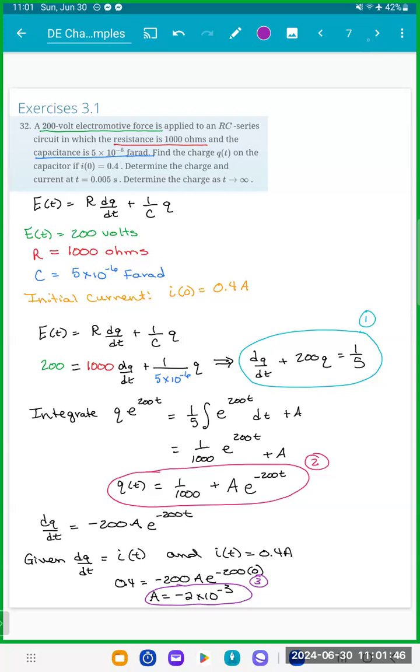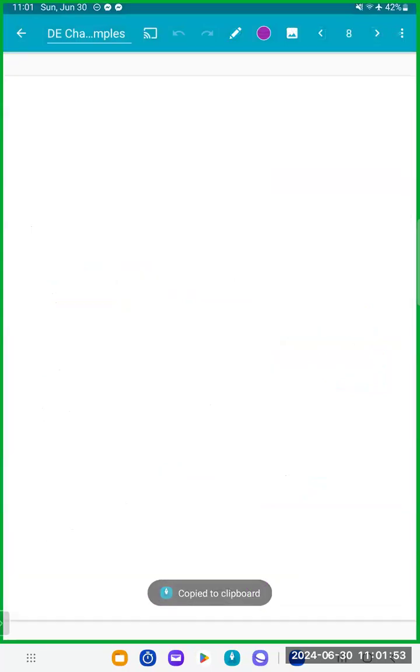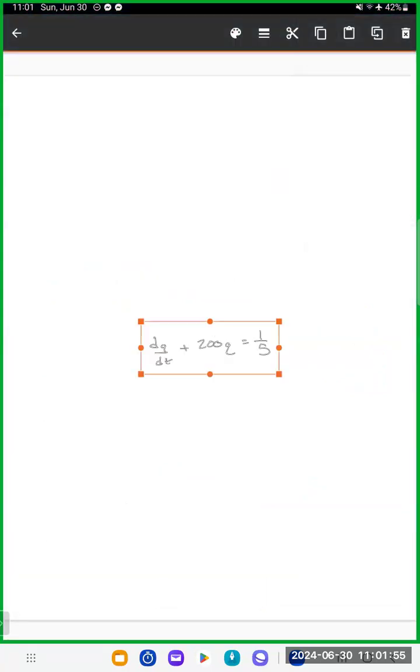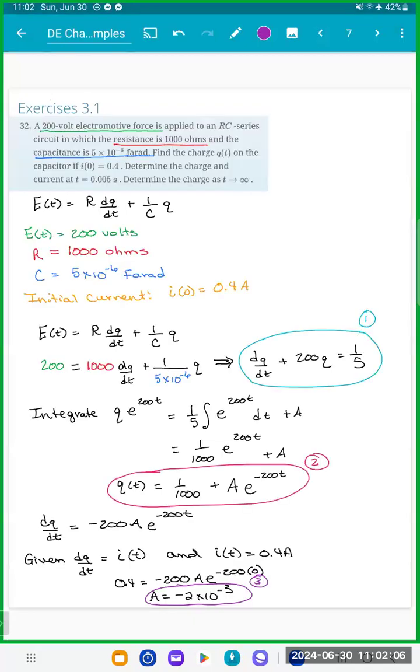So let's copy, paste. Let's just make it that shade of blue so we can track from one page to the next. Here we need this one.